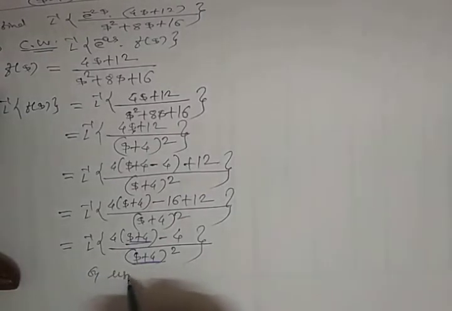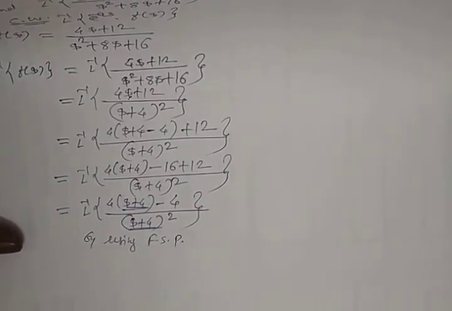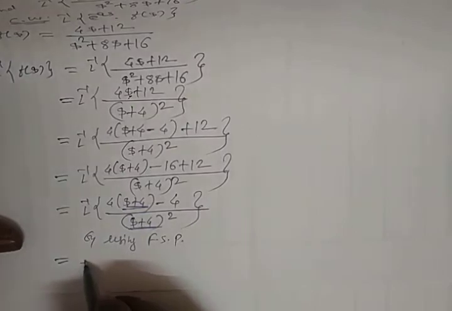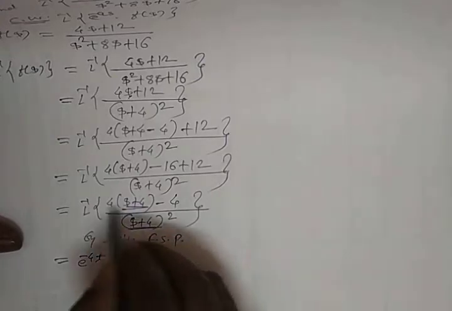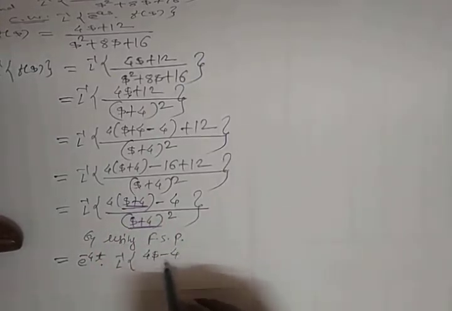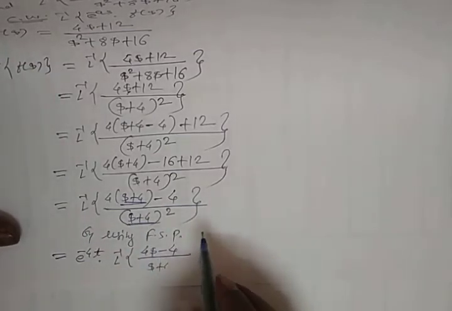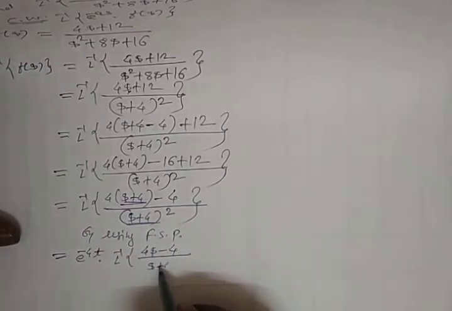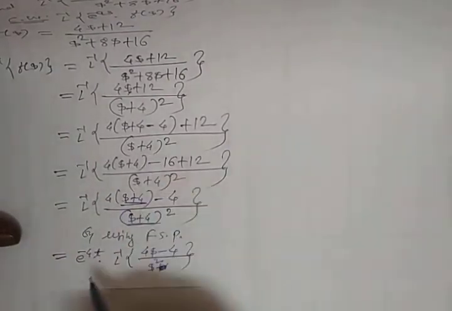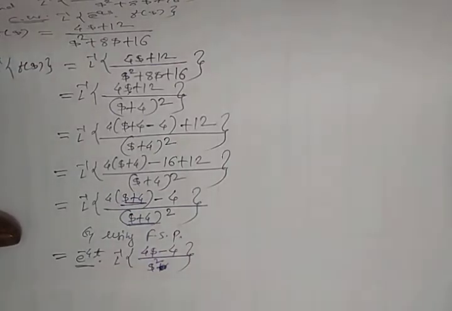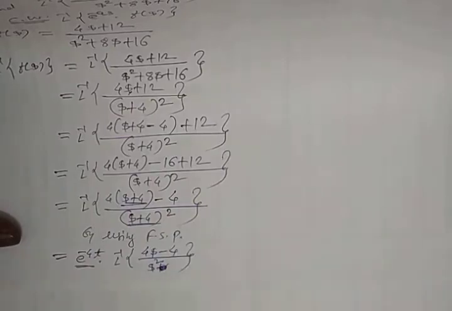So by using first shifting property, we can write this as e raised to minus 4t in bracket Laplace inverse of 4s minus 4 upon s raised to 2. Because this plus 4 is written in e raised to minus 4t, this 4 is removed and here we can write just s square.